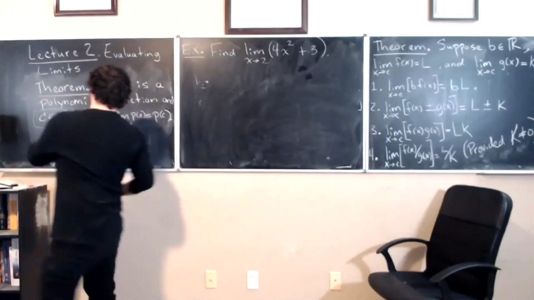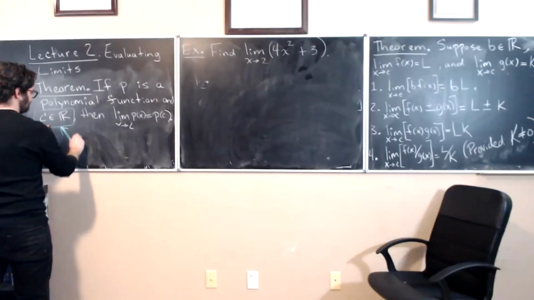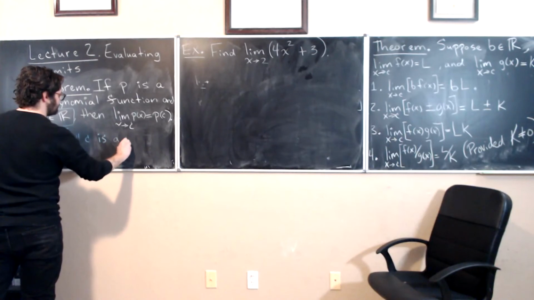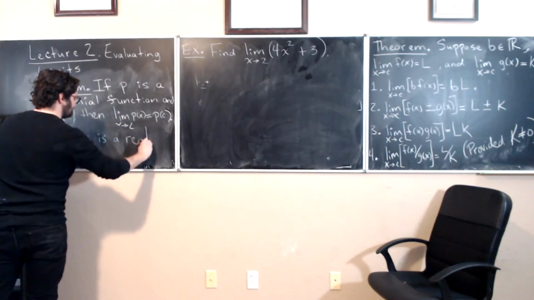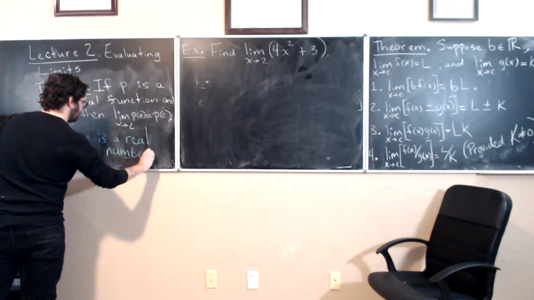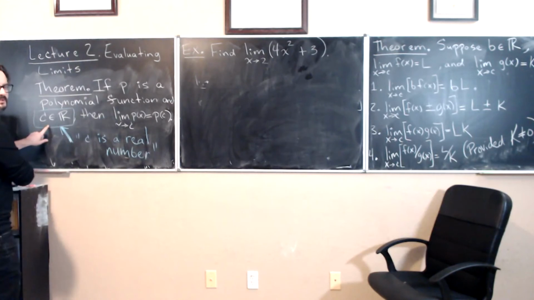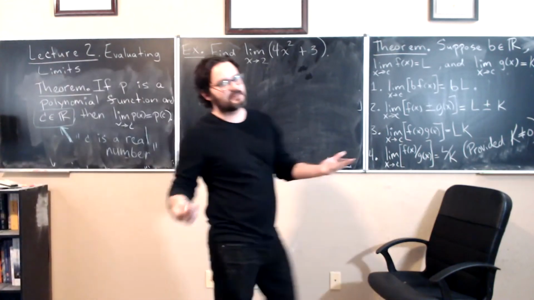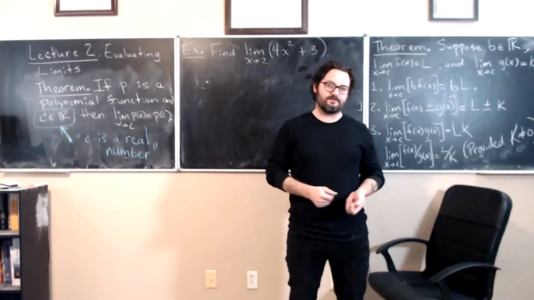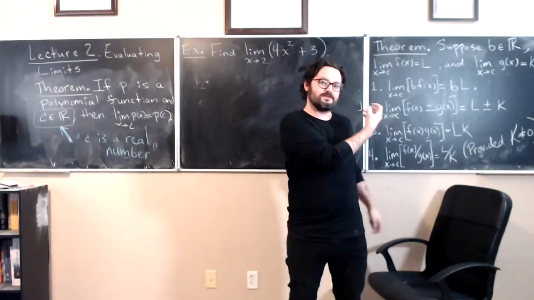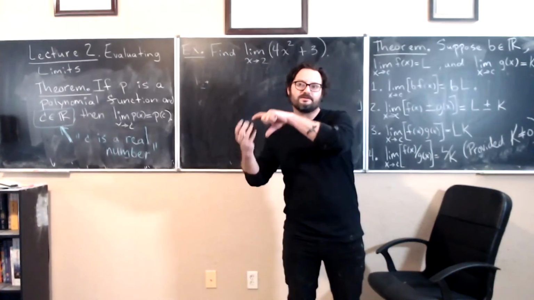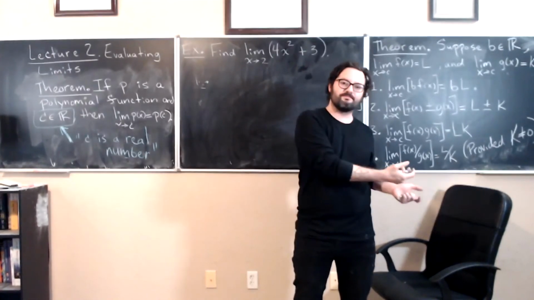This symbol is really easy. This reads, c is a real number. That's all that means. Technically it means c is an element of the real numbers, but you can think of it the same way. So if I write a letter, epsilon symbol, a fancy looking R, that just means that that letter is representing some real number.